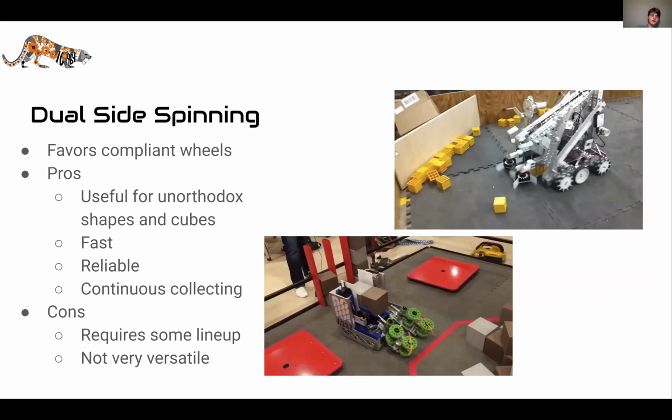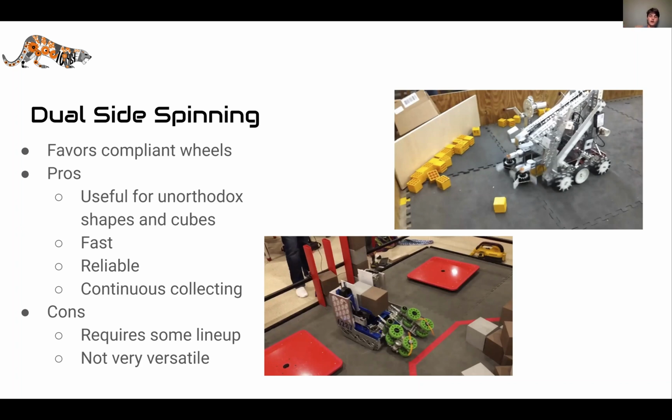Similar to overhead spinning, there's also dual side spinning, which is good with things like compliant wheels, as you can see at the bottom. It's good for anything that has more of an unusual shape, or for cubes, because cubes have a flat side that the wheels can get a good grip on. They're fast, reliable, and continuous, which are three really good things for collection.